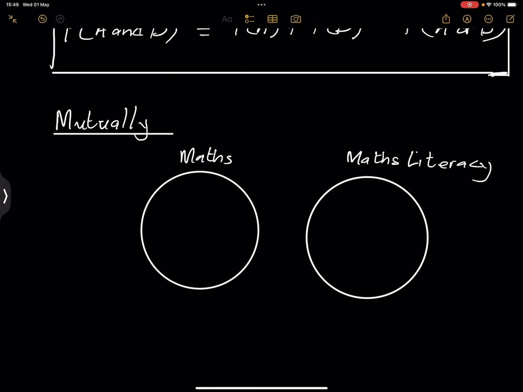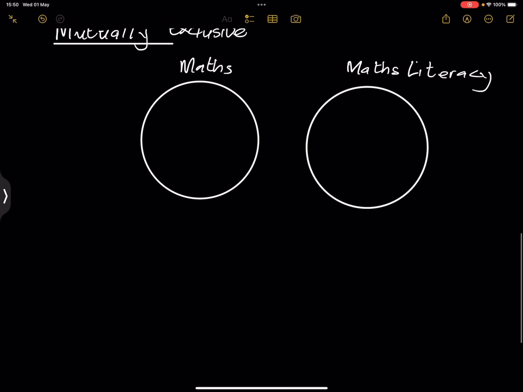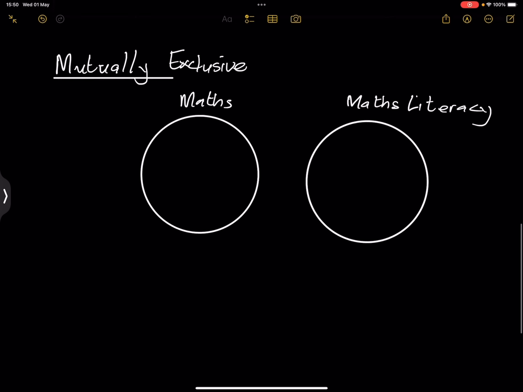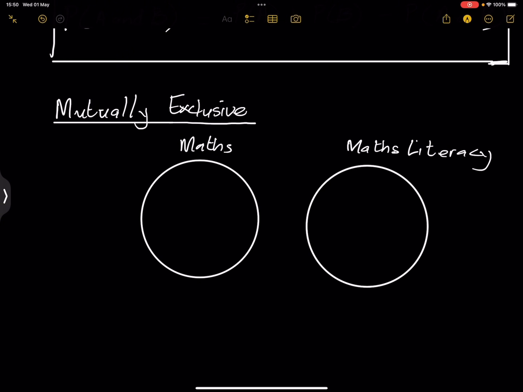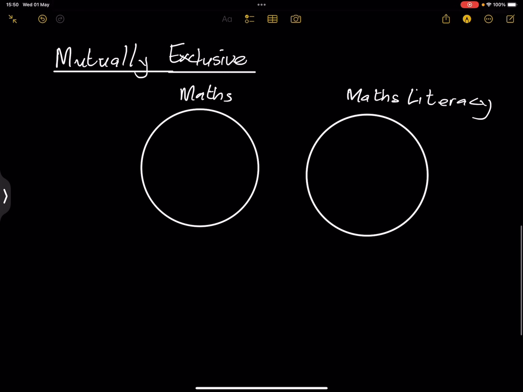So what does that mean? It means that in this case, maths and maths literacy are mutually exclusive to each other, meaning the chances of doing maths and maths literacy would actually be zero. So if I say to you events are mutually exclusive, it means that they do not meet.